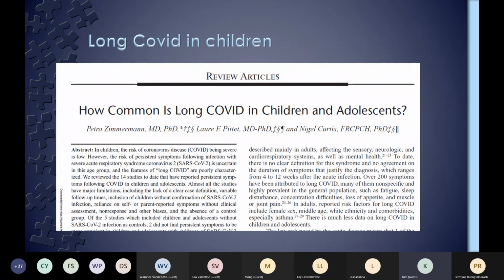What about long COVID? Now, again, I think everybody knows about this condition now. It's the long-standing chronic symptoms that are suffered by survivors, and they're not always survivors of serious illness. Sometimes they're survivors of mild COVID. I know a couple of people who've had long COVID for almost 2 years.